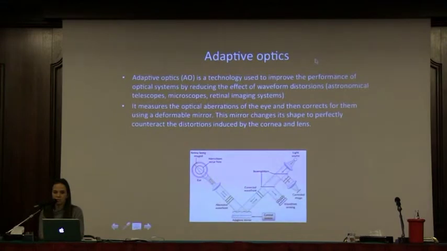This is called adaptive optics, which is a technology used for astronomical telescopes or microscopes, and in the recent years it has been applied for retinal imaging systems also.